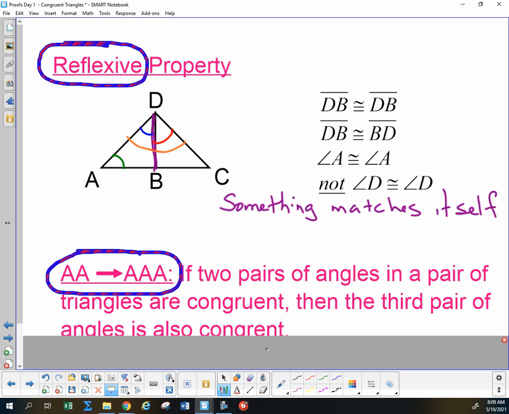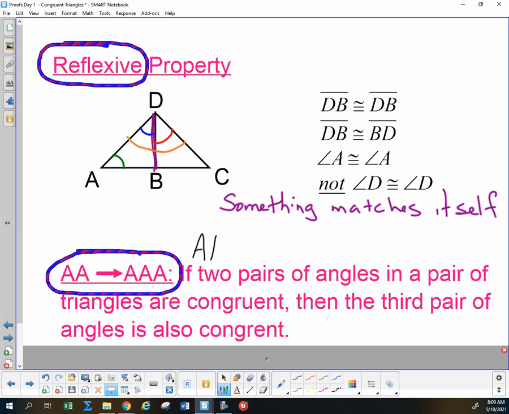We are going to use this a lot. AA implies AAA is how we'll read that. You write it with an arrow, not an equal sign. That means because of triangle sum, if I know these 2 angles, one in each triangle, match up, and these 2 angles, one in each triangle, match up, and they both have to have triangle sum equaling 180, that means the remaining angles have to add up and be congruent.